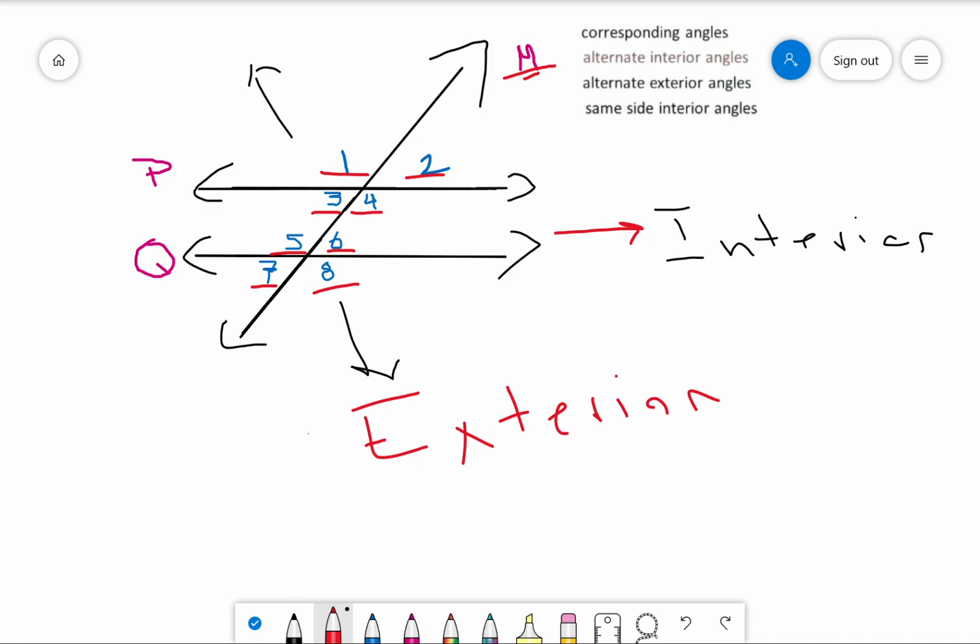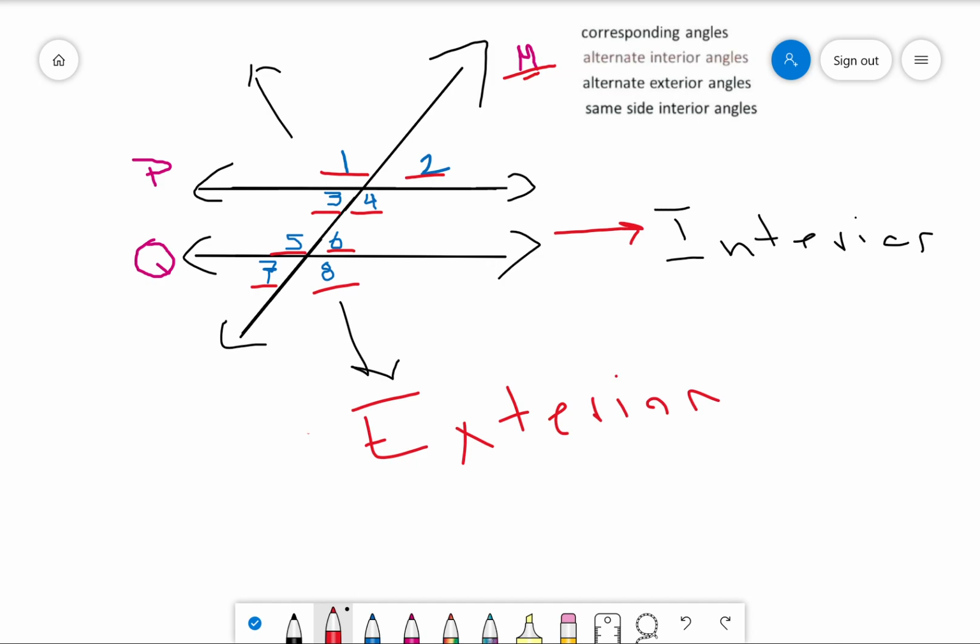They lie on opposite sides of the transversal and outside of the intersected lines. So we finish alternate interior and alternate exterior angles.